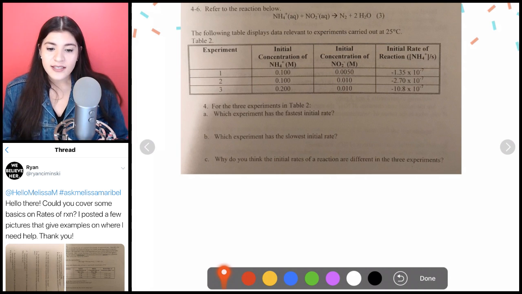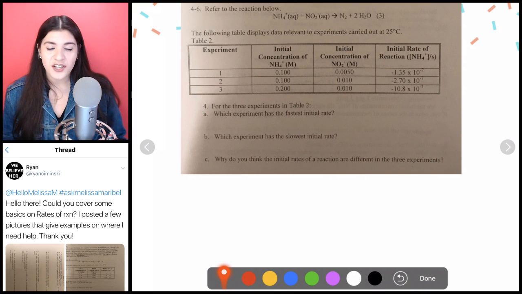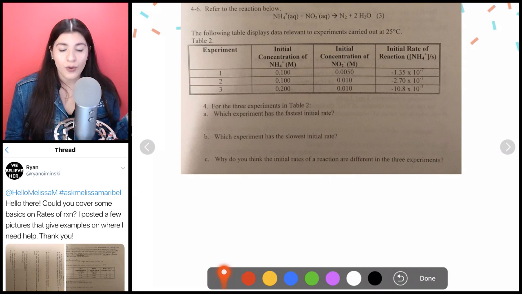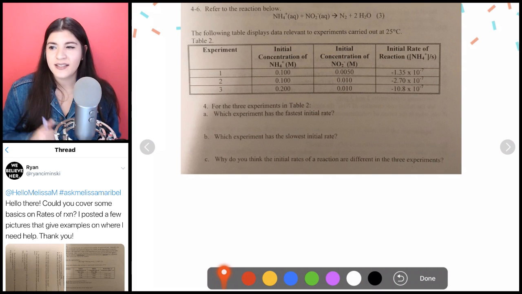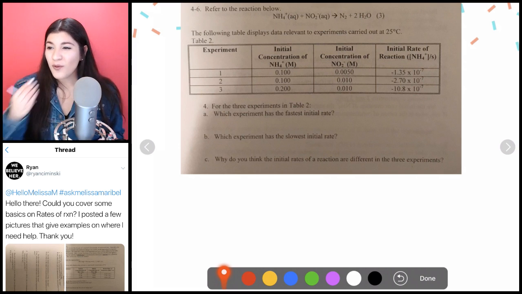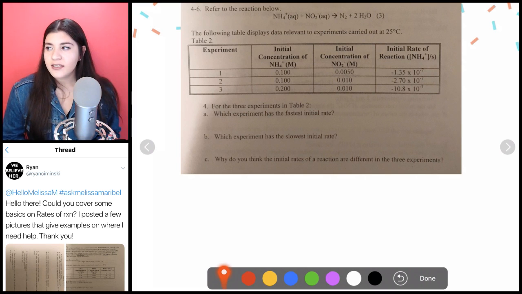That's essentially what we're trying to look at and compare to see what type of reaction order this would be, whether it be first, second, or actually zero order. You're eventually going to get to that, and I do have a whole playlist on that. And by the way, Ryan, I'll put that playlist, the rate law playlist, how to find the rate law. It also talks about the rate constant and how to find that as well. I have 3 videos that will really help you with that, but I'm still going to keep explaining this question.